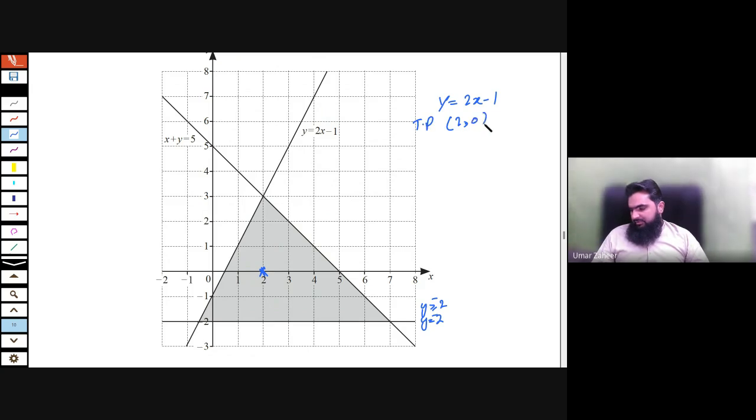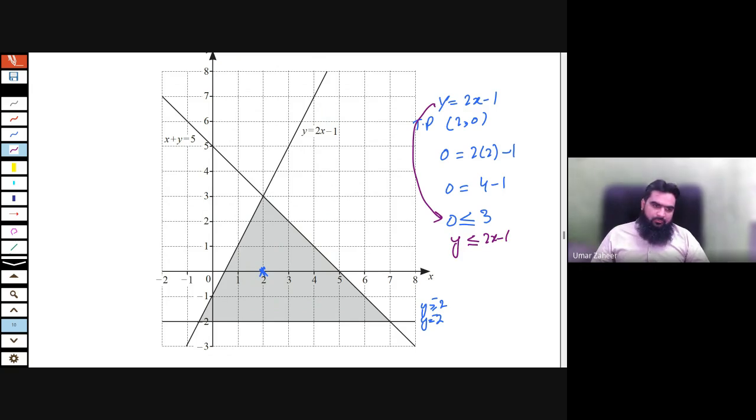x is 2, y is 0. 0 is equal to 2 into 2 minus 1. 0 is equal to 4 minus 1. So 0 is less than or equal to 3, right? This means we can conclude that y is less than or equal to 2x minus 1.